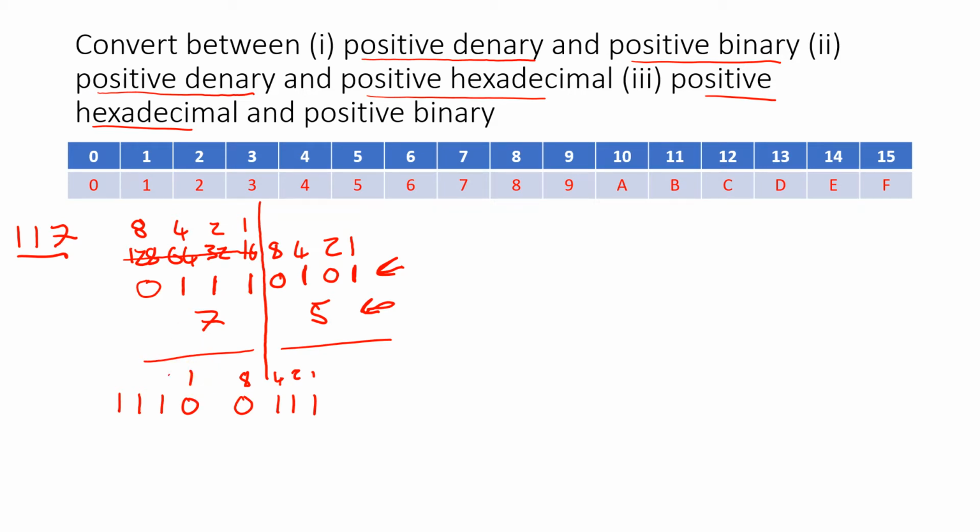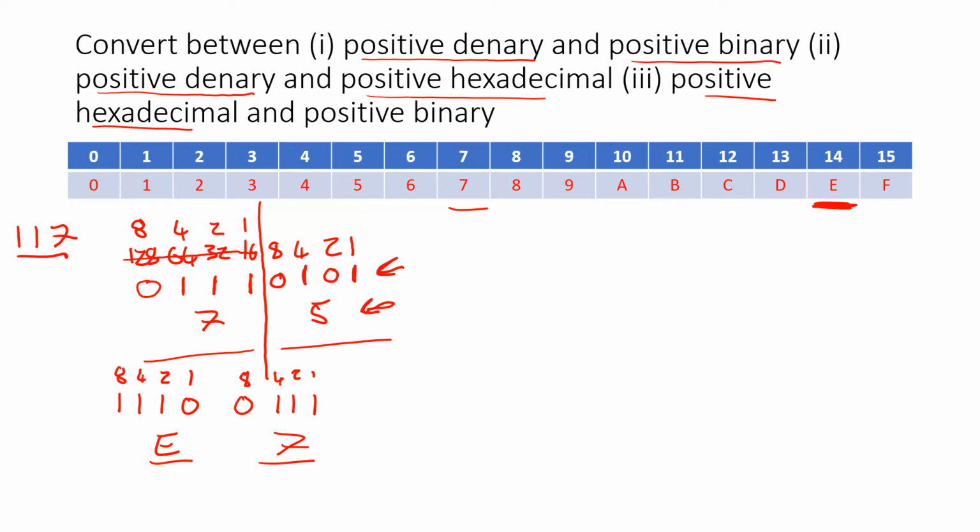So 4 5 6 7. 7 is 7 on here, but here I've got 8 9 10 11 12 13 14. So I need to find 14 on my hexadecimal table, which is up here, and that is E. So my hexadecimal number for this would be E.